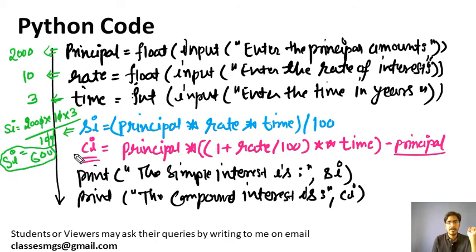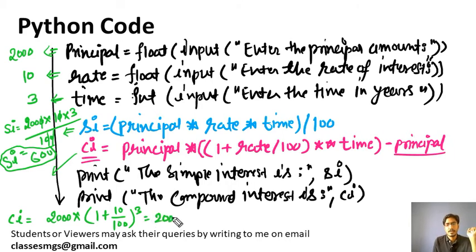Okay, if I calculate the compound interest, then compound interest will be what? Principal is 2000 into 1 plus rate, 10 divided by 100, power 3. If we solve this, 2000 into 110 into 110 into 110 divided by 100 into 100 into 100.